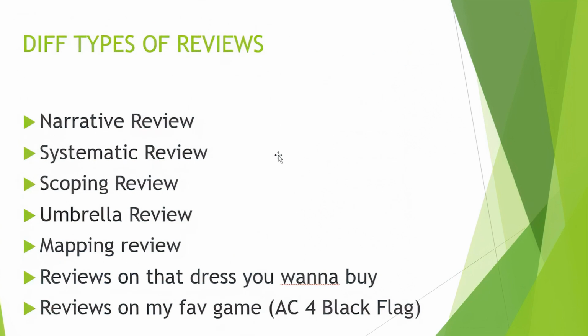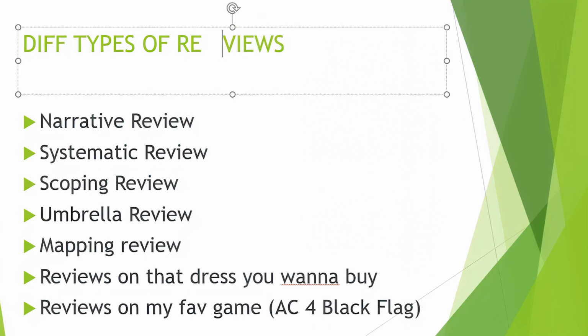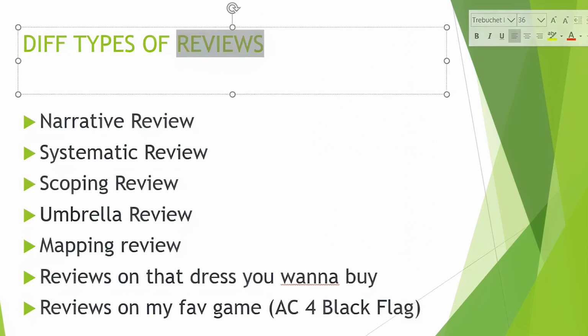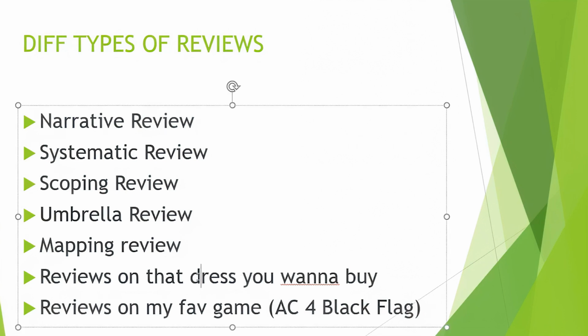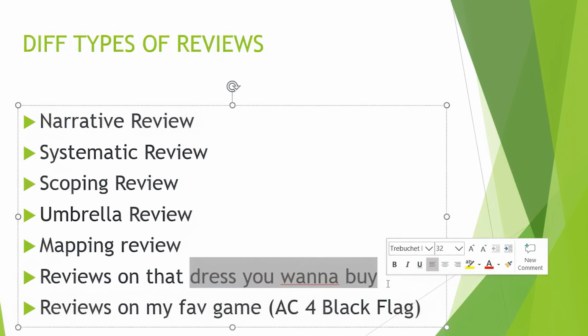Okay, then we have all of the different types of reviews. Now look, systematic review is not the only type of review that you can do. A review basically means revisiting old information. It's literally in the name, review. It literally means that you are visiting old information, and it's not just here in the research category. You have reviews on the dress that you want to buy, which would be more relatable to the girls.